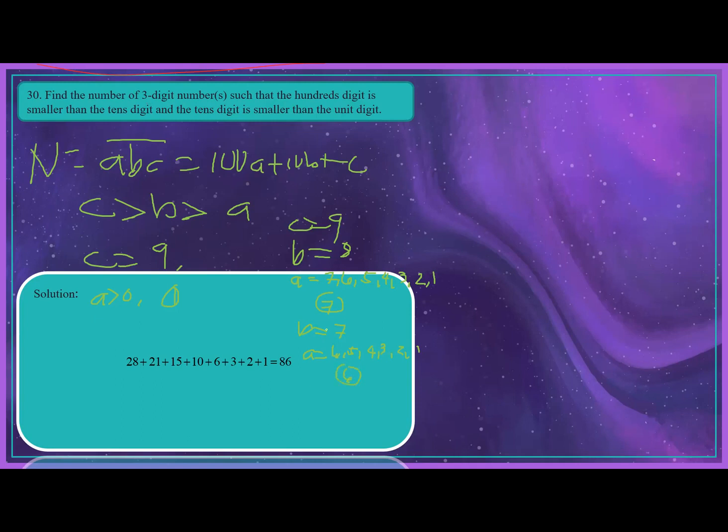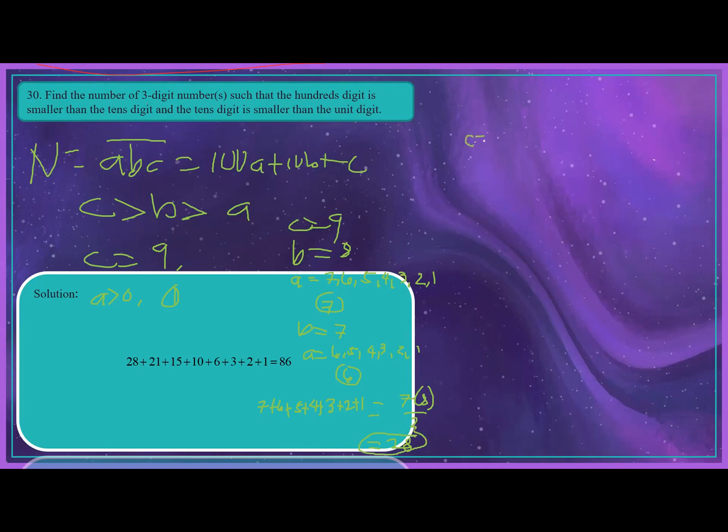Basically, when B equals 6, B equals 5, B equals 4, A would be in total 7 plus 6 plus 5 plus 4 plus 3 plus 2 plus 1, right? So in total, this is 7 times 8 over 2, that's 28. So this is the case when C equals 9.